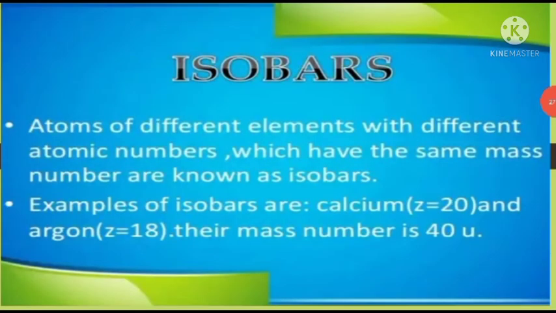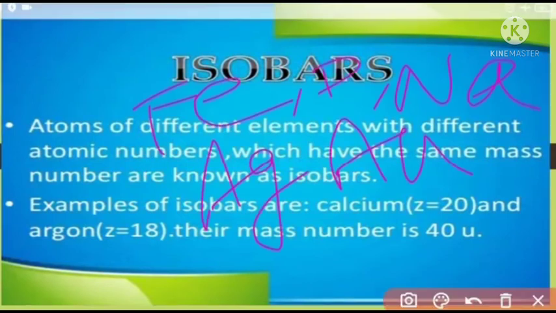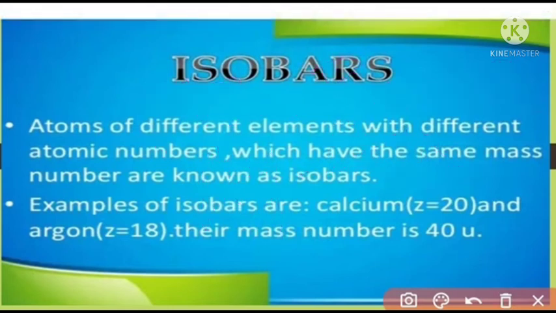Next we are discussing the last topic of this lesson, isobars. Isobars are only a small difference from isotopes. Here atoms with different atomic numbers which have the same mass number are known as isobars.